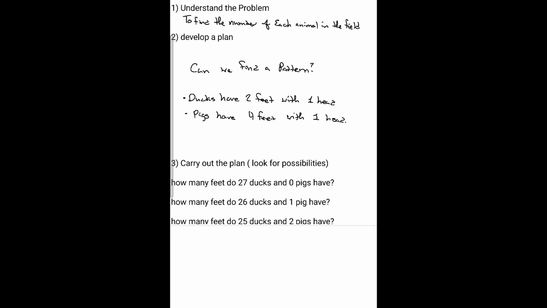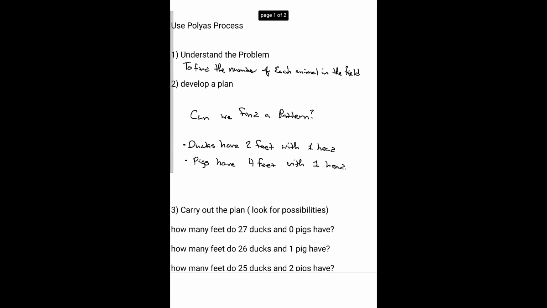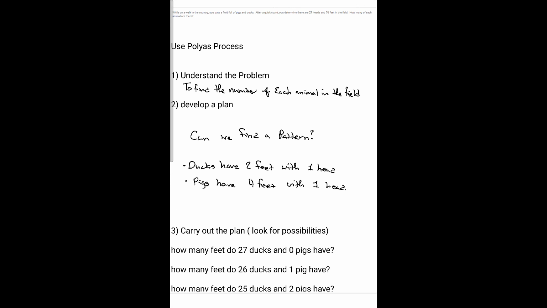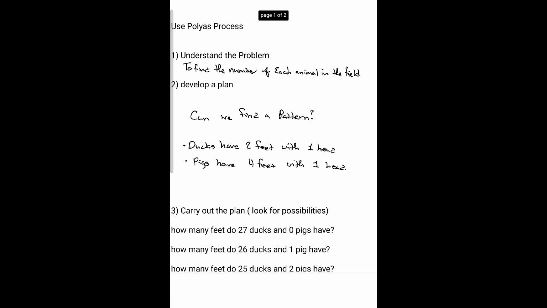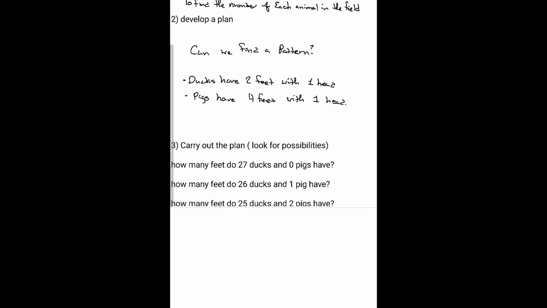Okay. So let's go back to the problem at hand. It tells us that there are 27 heads in the field and 76 feet in the field. So let's think about some possibilities here. We're just going through some scenarios. So how many feet do 27 ducks have and 0 pigs have?